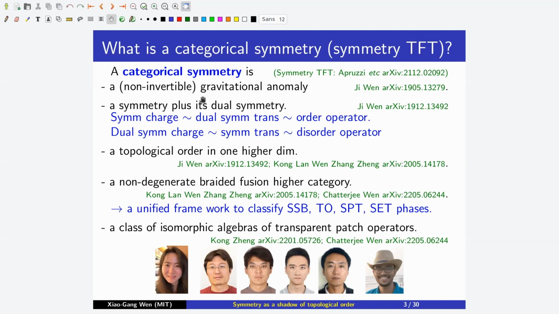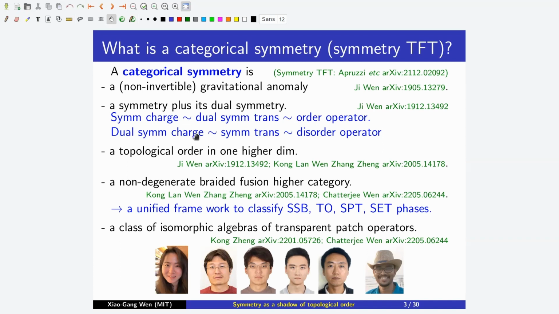It's really symmetry plus a dual symmetry. We view symmetry and dual symmetry together at equal footing, and this combination of symmetry and dual symmetry is a categorical symmetry. I'm going to present this picture first, because this may be more familiar to condensed matter people. Basically, for the symmetries, we have symmetry charge, we have this symmetry transformation, and we have this order parameter, order operator, things like that.